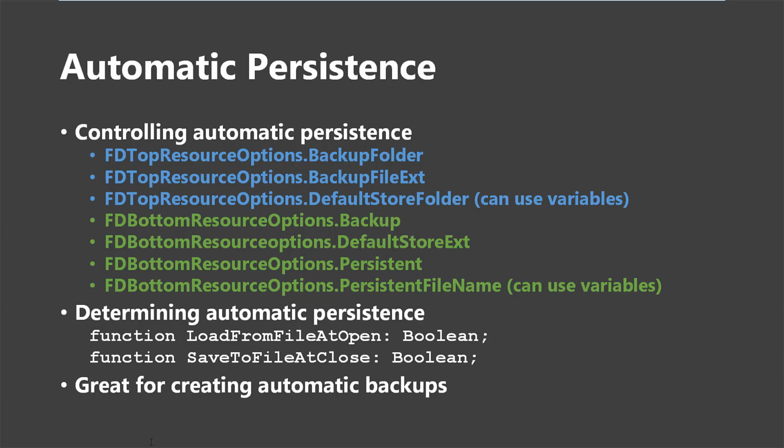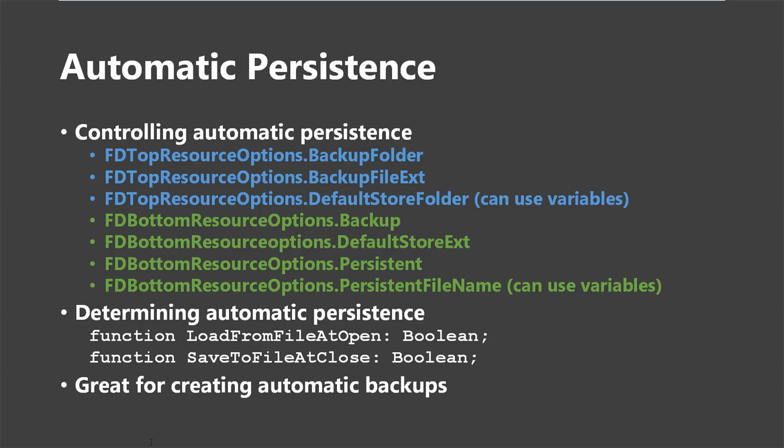The second application of this is the ability to create a backup file so that users can make some changes and save and close their application, and after they've made changes to their data, a backup is created. So you always have at least the image of what the data looked like the last time it was edited. And you can get pretty sophisticated with this by using the $next substitution variable, and then you can create multiple backups.